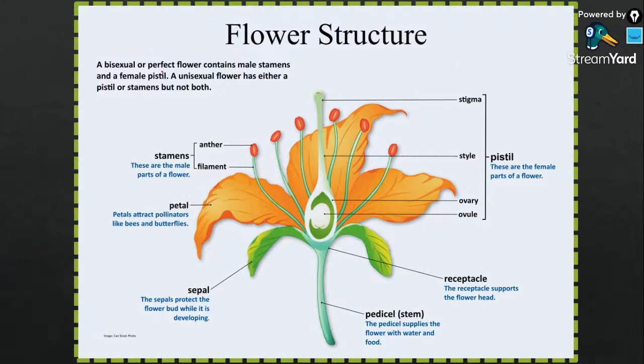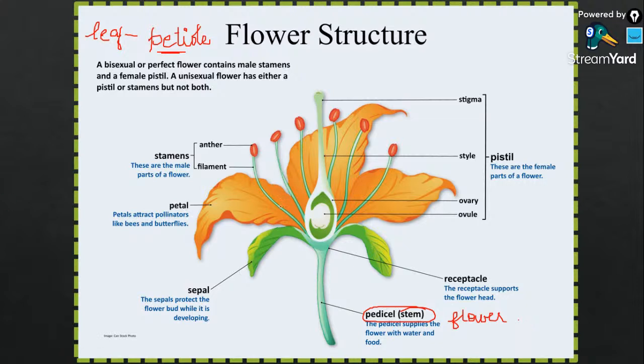So the stalk of a leaf you will call the petiole. The stalk of a leaf is the petiole and the stalk of a flower is the pedicel. Done. Okay. Now is it clear? Yes.